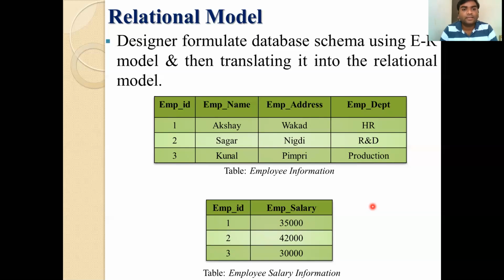In the network model, data is represented in a fixed format known as a record, and lines are used to represent the relationships among those records. The second type is the hierarchical model. In this model, data is represented in a parent-child relationship. The third model is the relational model. In the relational model, data is represented in the form of tables. Thank you.